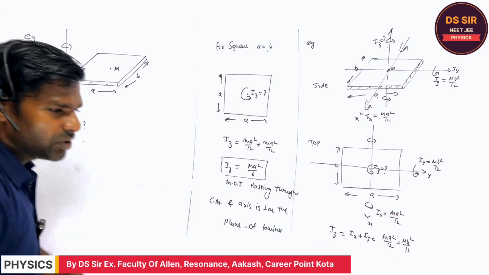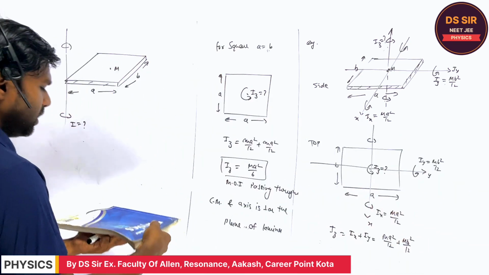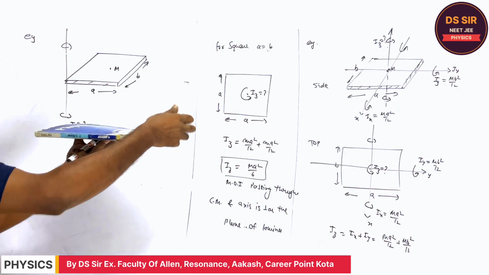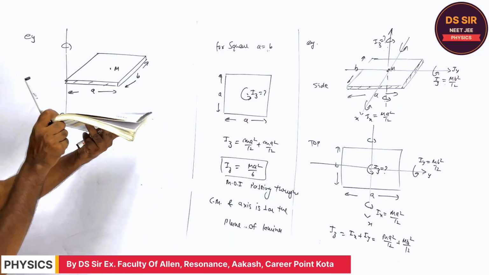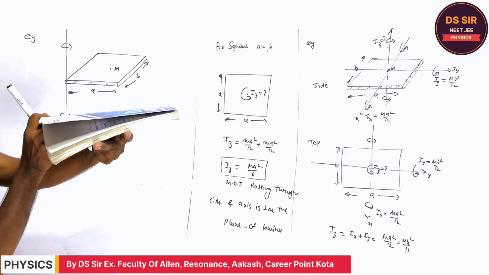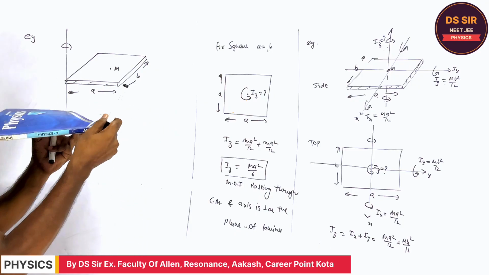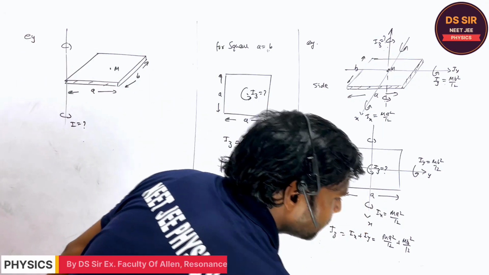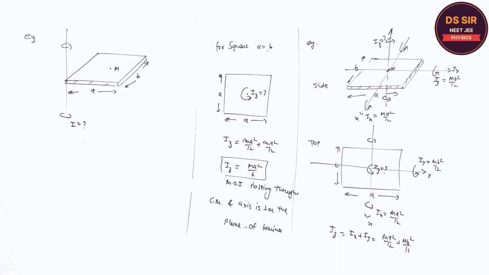What is the axis of rotation? This is the body, and the axis is passing through here, and it is rotating about this axis. Do you understand the concept? How to find it? I will give you 1 minute to think about this. The perpendicular axis theorem we can apply.